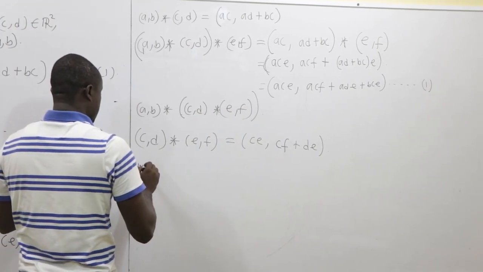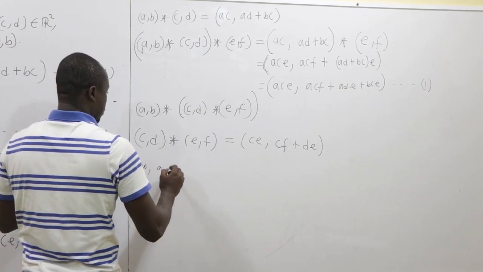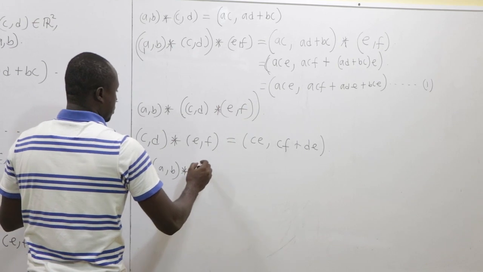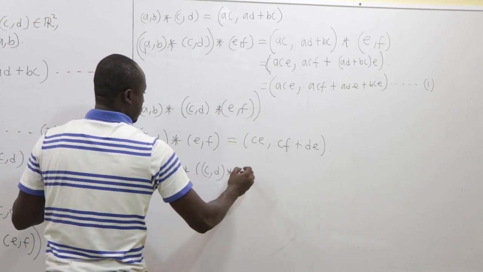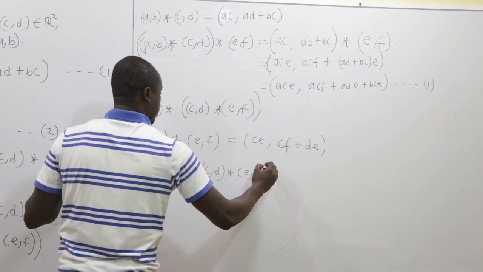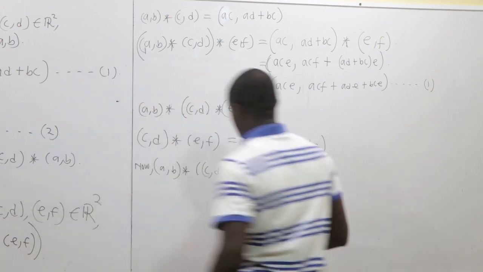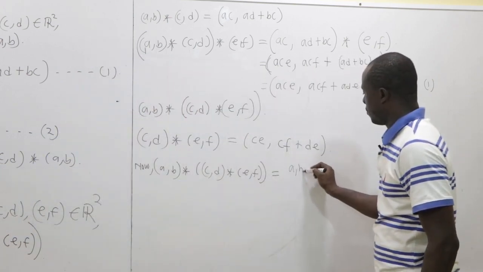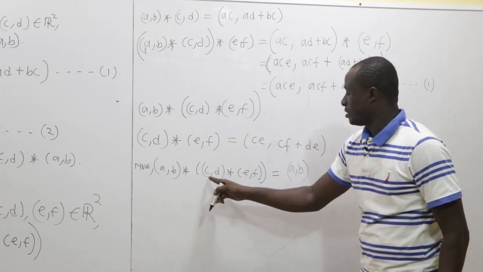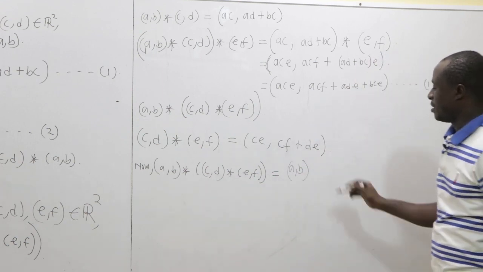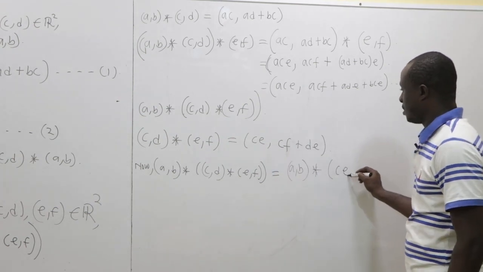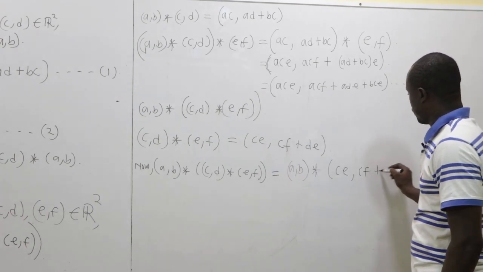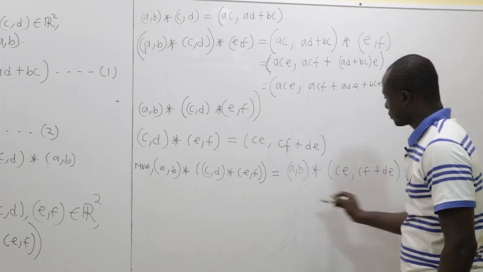Now let's bring the third element. So we have (A,B) star (C,D) star (E,F). And this is equal to (A,B) star the result of (C,D) star (E,F), that is (CE, CF plus DE).